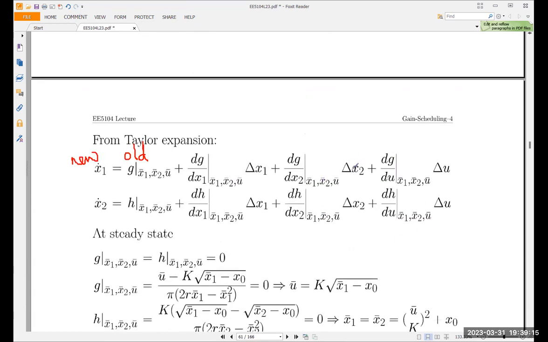So which means this now is reorganized into this. All right, it's obvious this is reorganized into this.